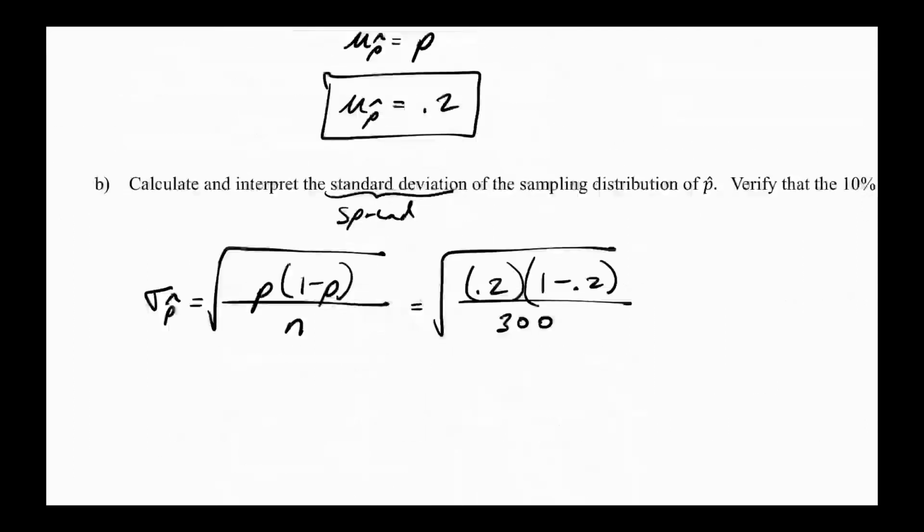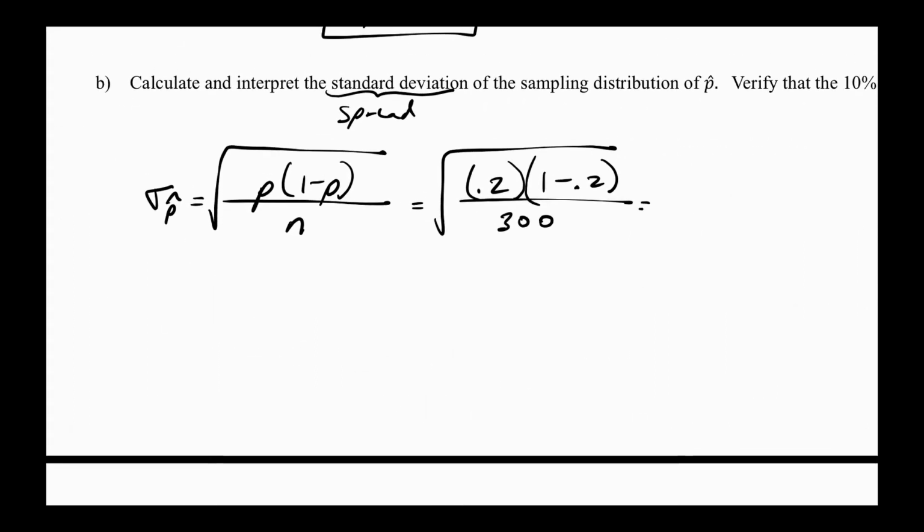Okay, let's calculate it. So 0.2 times 0.8 divided by 300, square root.